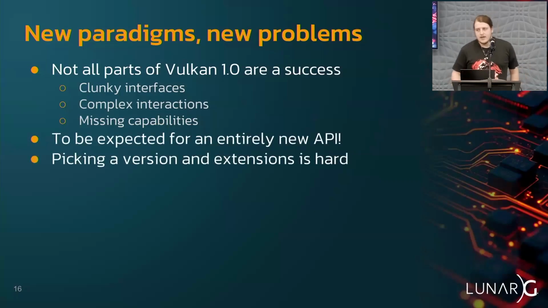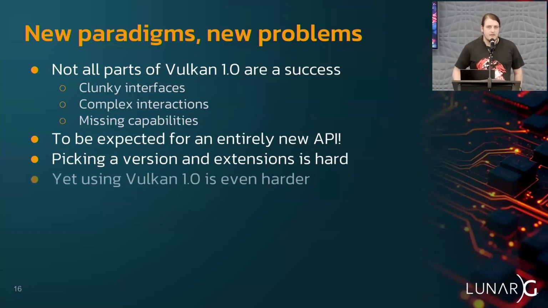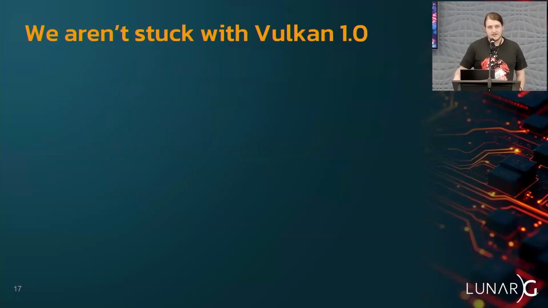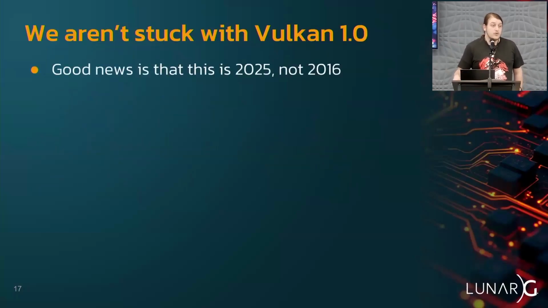Yeah, picking extensions and versions and features, capabilities, and limits, all of those things is hard. But I would argue that 1.0 is just harder. And that is what the rest of this talk is really going to be about. It's that we aren't stuck on 1.0. We're in 2025. Has anyone realized that?